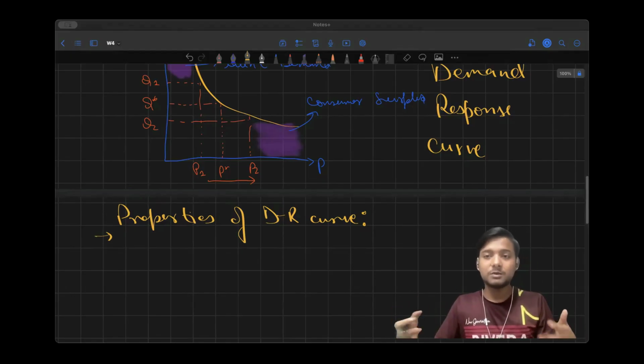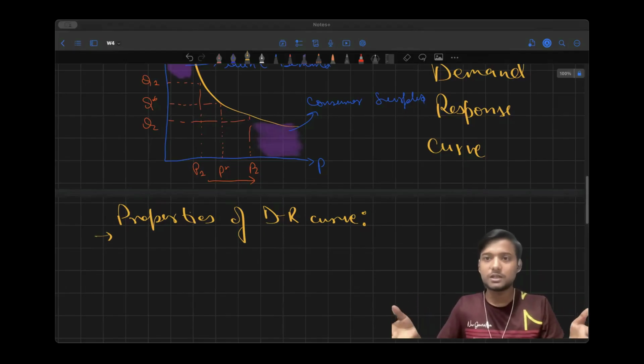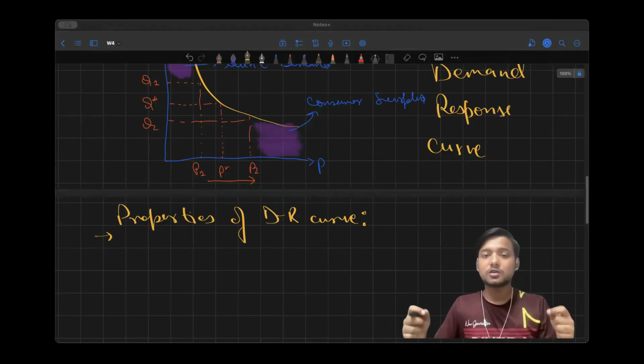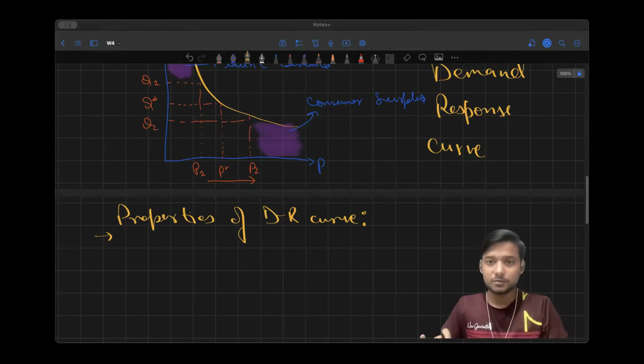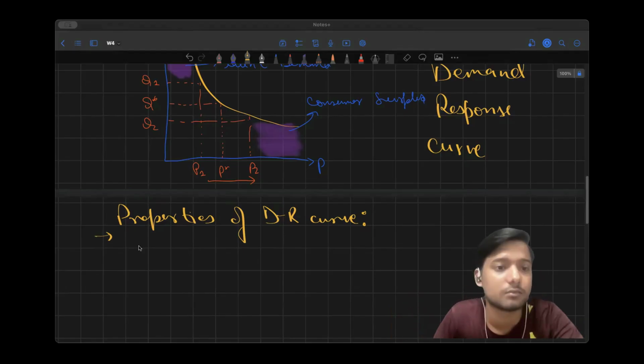You will see it being non-negative. It cannot be negative. In general, it's very obvious that sales is not going to be negative, right? Also, it's going to be continuous and differentiable. And as I said, because of law of demand, when price is going to increase, demand is going to decrease. Therefore, it will in general have a downward slope.